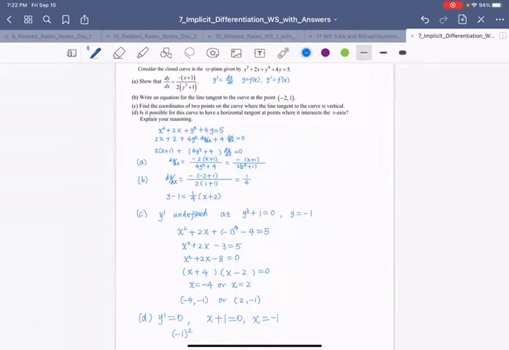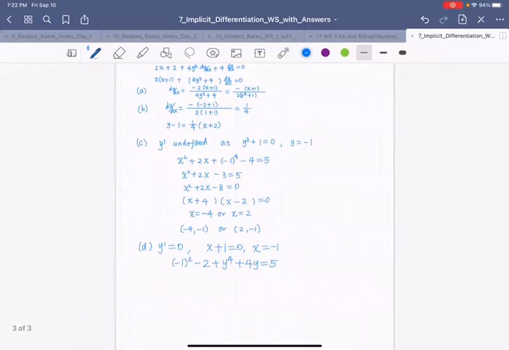-1 squared minus 2 plus y to the power of 4 plus 4y equals 5, correct? So this becomes y to the power of 4 plus 4y, and then minus 1 equals 5.